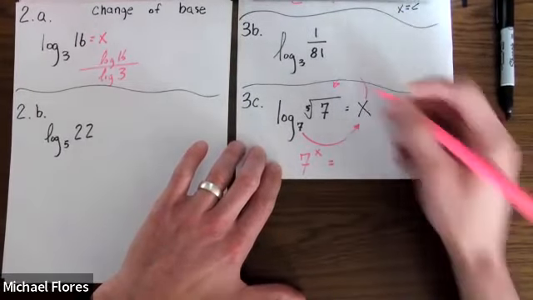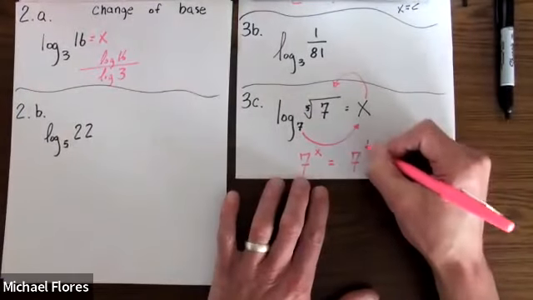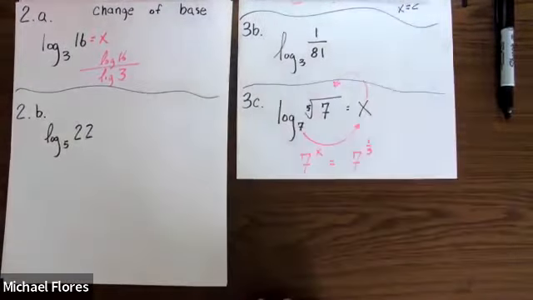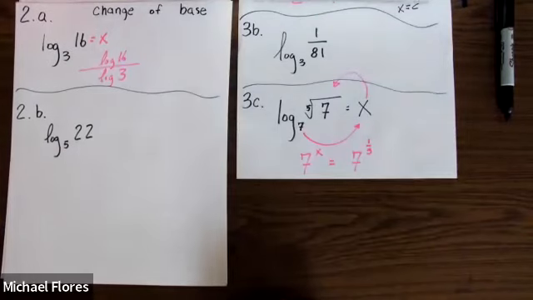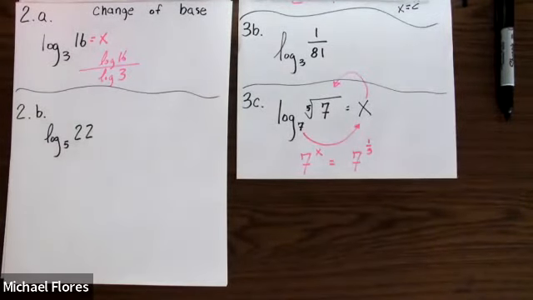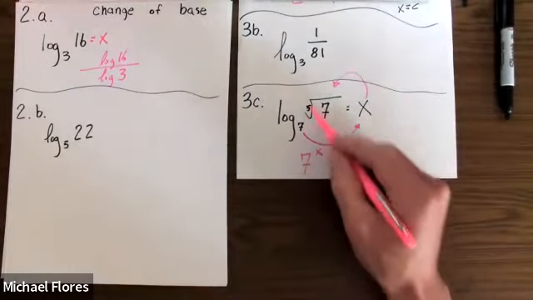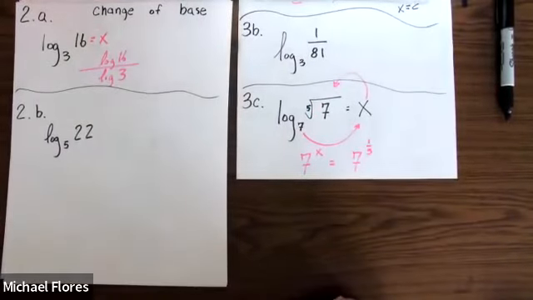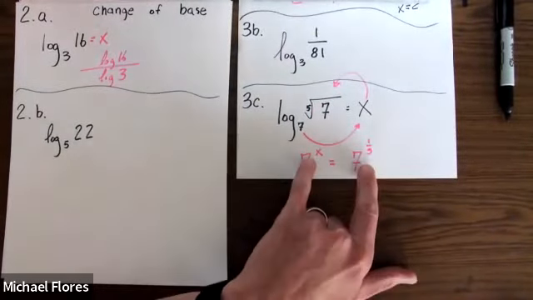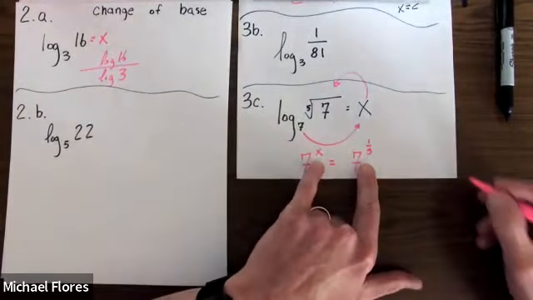Now, I'm not going to write the 5th root of 7. I'm going to write 7 to the 1/5 power. That's how you rewrite a root in exponential format. Now that our bases are exactly the same, we simply need the exponents. X in this case is equal to 1/5.